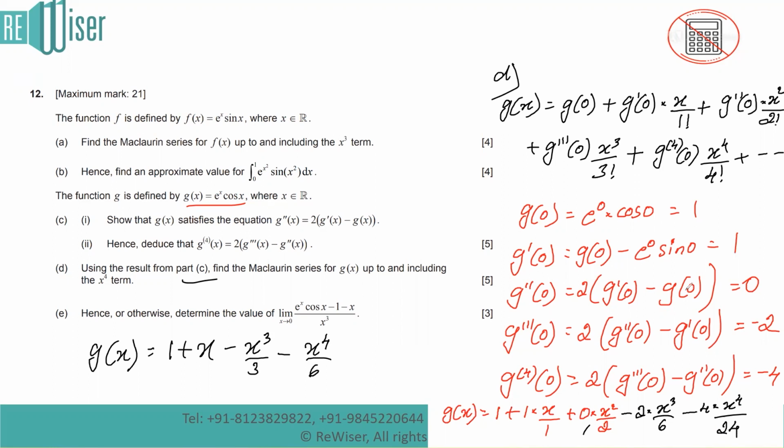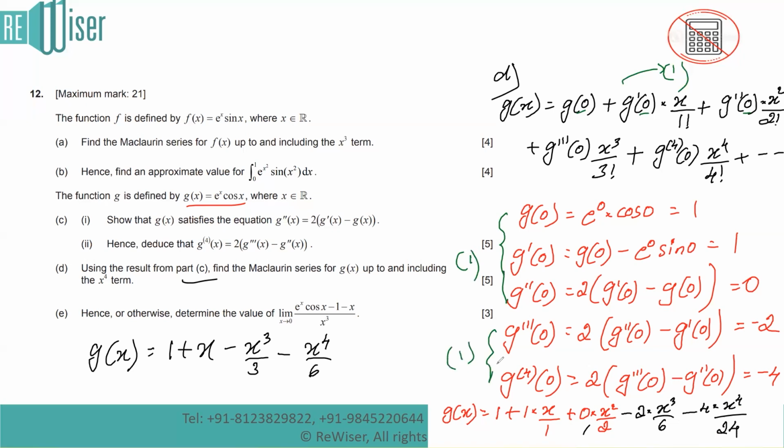And the marks distribution goes something like this. 1 mark is for identifying that we need to substitute 0 for everything. The second mark is for these things: these 3 things would carry 1 mark, and these 2 things would carry another mark.